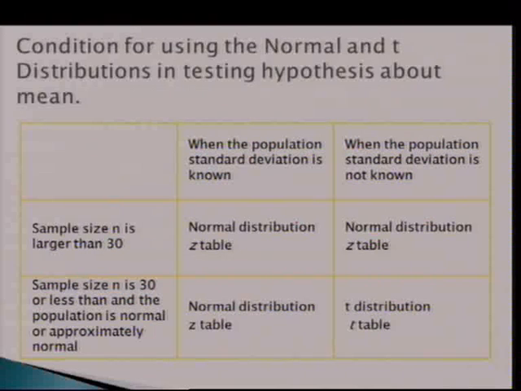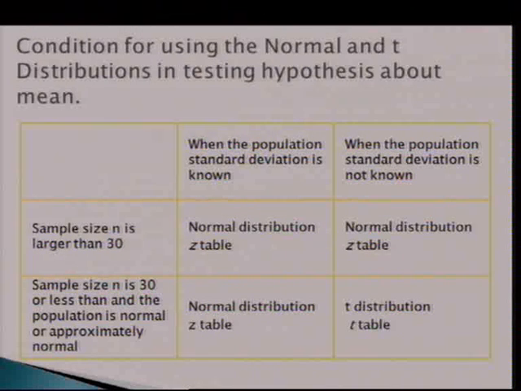Now we say a sample is large or small. Whenever the sample size is larger than 30, we accept the sample as a large sample, and when the sample size is less than or equal to 30, then we say it is a small sample. So when the standard deviation is known and the sample is large, then we go for a normal distribution, and we take the help of the Z table.